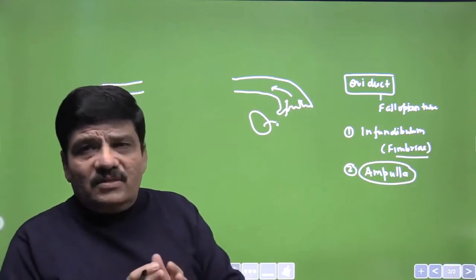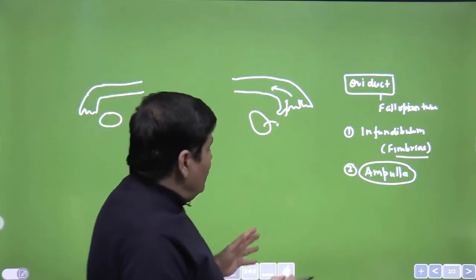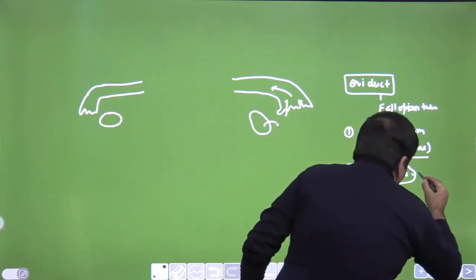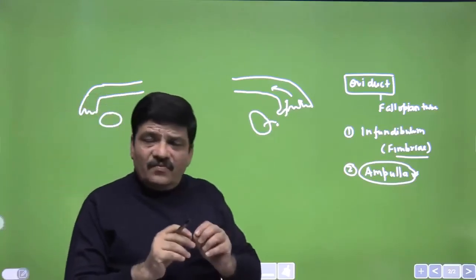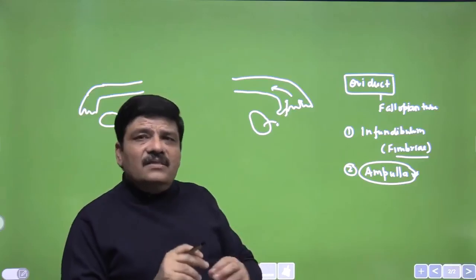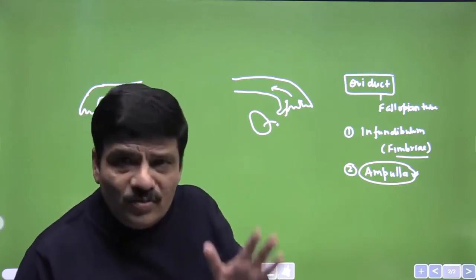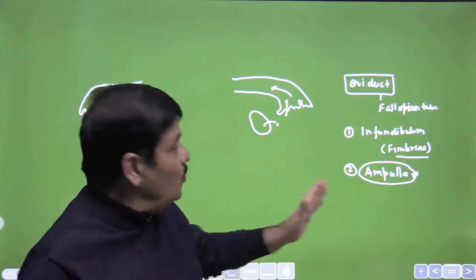This is the part having the widest lumen, and the ampulla is the most common part of the fallopian tube where fertilization takes place. The sperm fertilizes the secondary oocyte here. This is the normal site of fertilization, the ampulla.